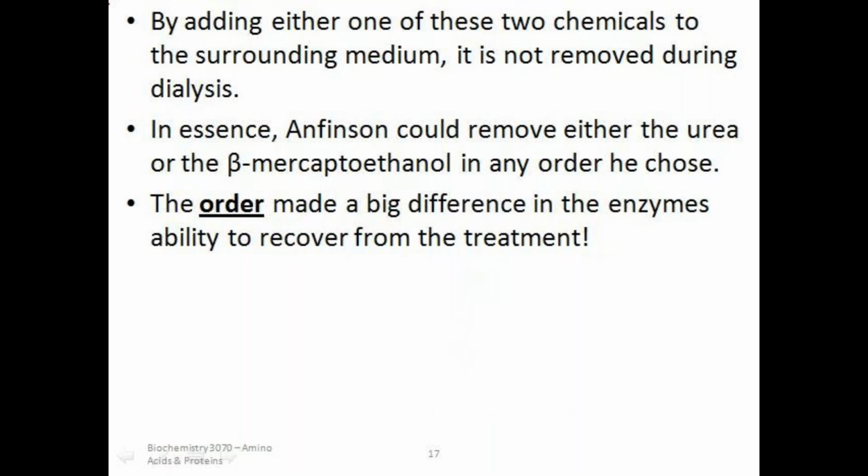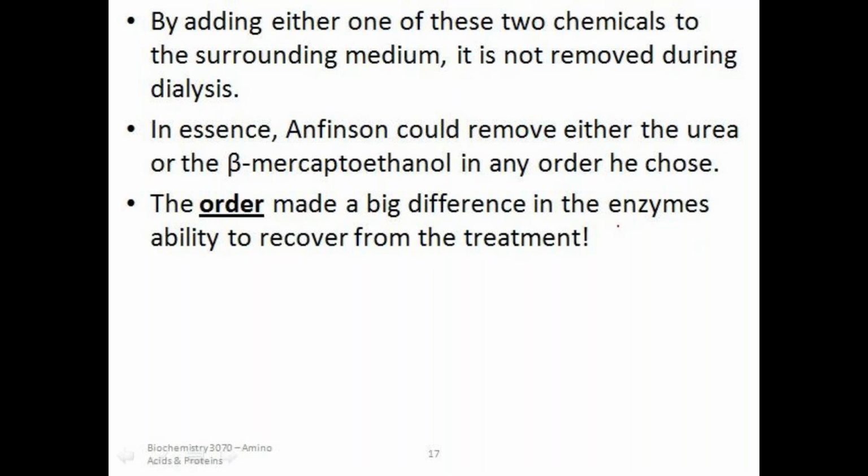That means breaking of that enzyme is not possible by using only one of the chemicals. He could remove either the urea or the beta mercaptoethanol in any order he chose.